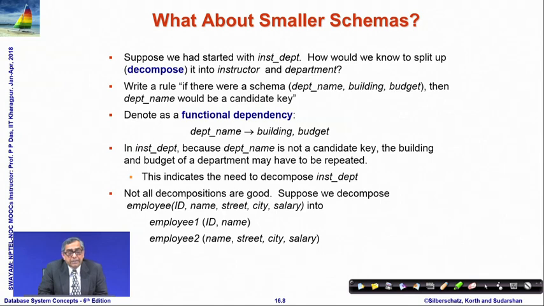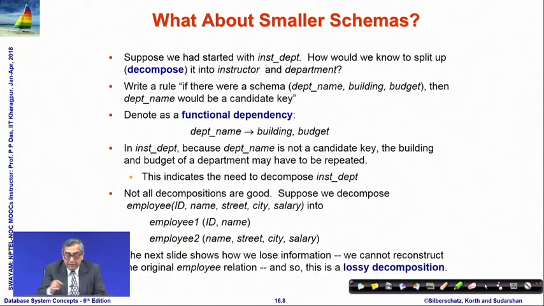But at the same time, let us take a different example. If we are thinking that decomposition is the panacea for solving these kinds of redundancy and related problems, then let us try to see a different relation, employee, which has ID, name, street, city, salary, and we want to make it smaller and make two relations: ID and name, and name, city, street, salary.